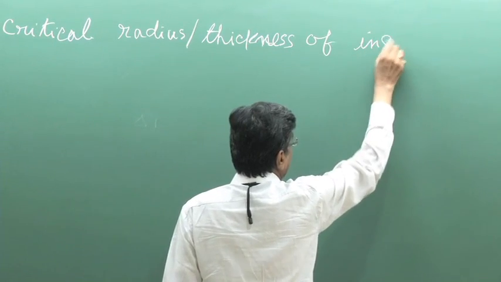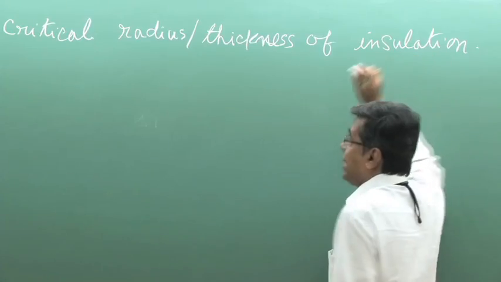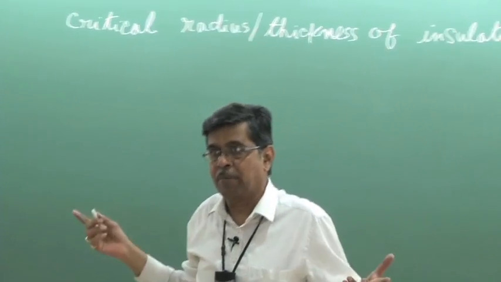What is the meaning of it? Of critical radius or thickness, whatever you call, of insulation. What is the meaning of it?